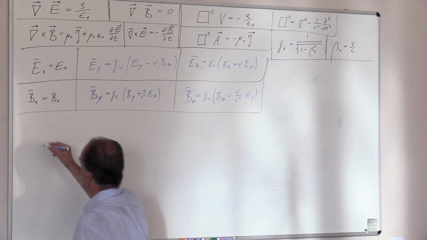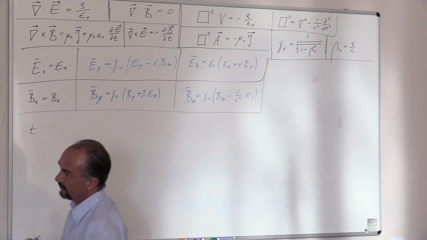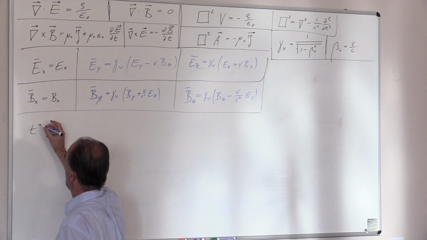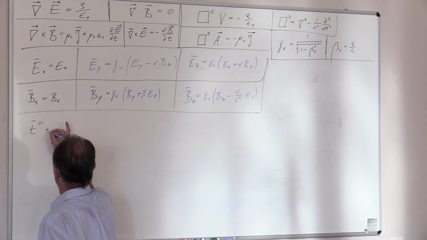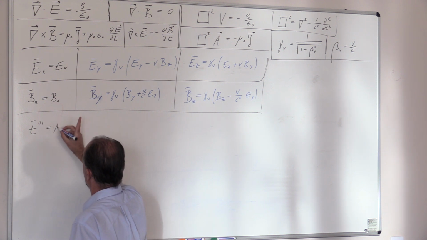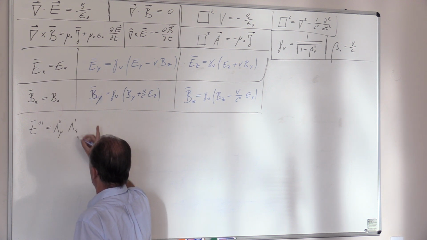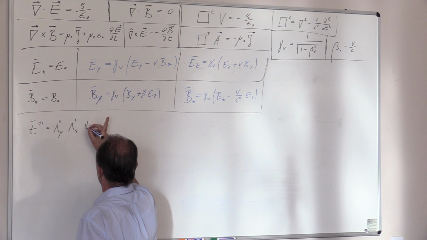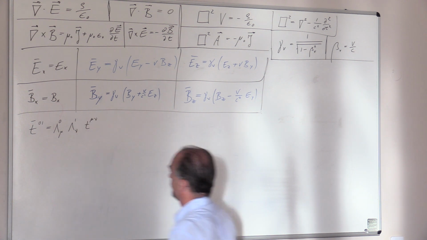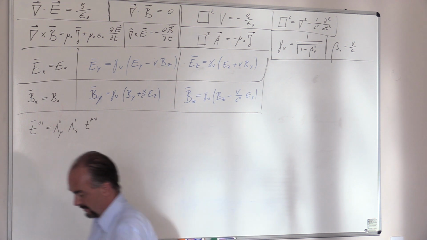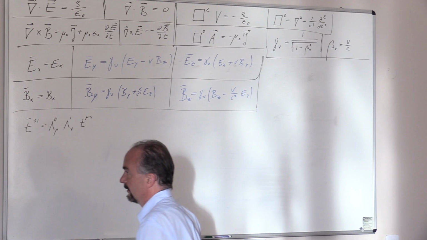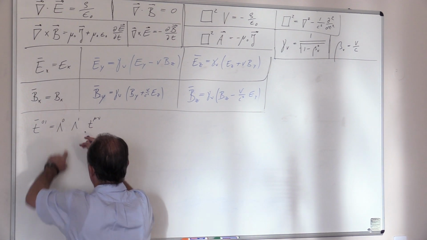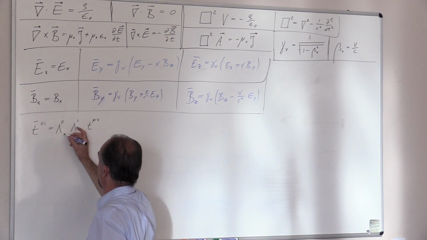So let's maybe start out with, so we know T00 is 0, antisymmetric. Let's do T01 bar. That must be Λ^0_σ Λ^1_λ T^{σλ}. That is simply this written out for σ and λ equal to 0 and 1.